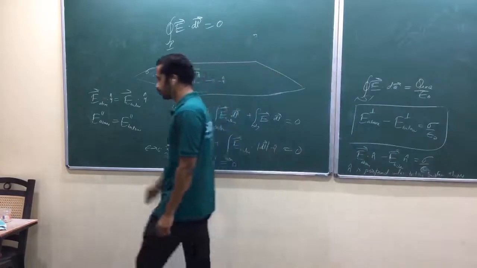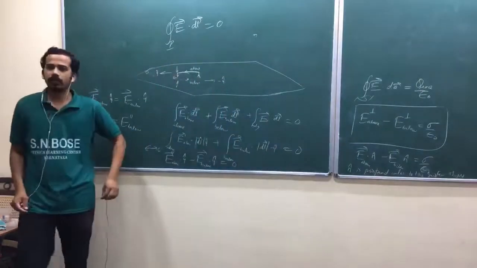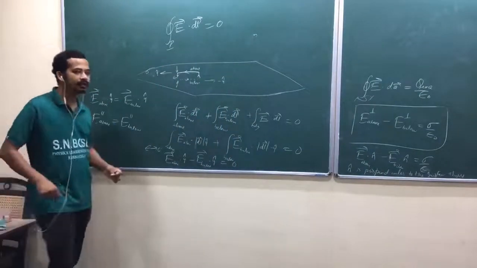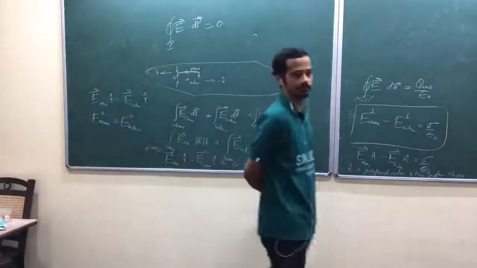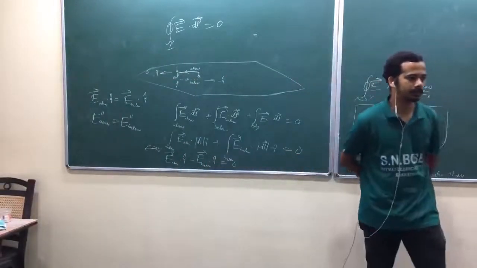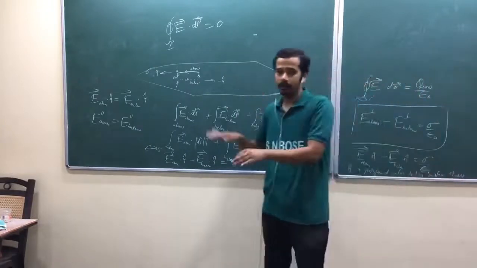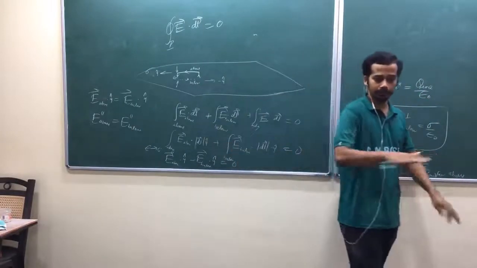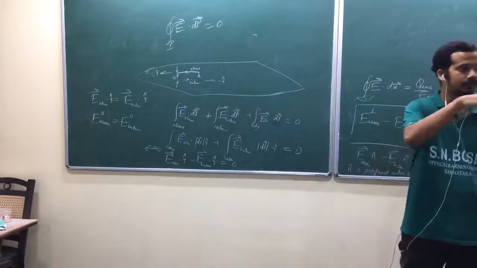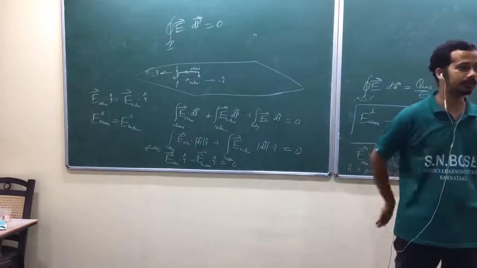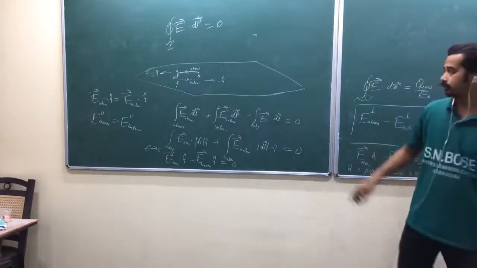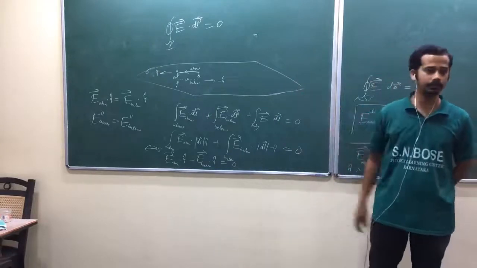Now you have to ask one more question. When we talk about the parallel component, there are infinitely many parallel directions to the plane. If you take a fraction of a plane, the entire thing need not be a plane, but a fraction of that you can imagine as a planar surface, remember. Is that okay? That's where I'm applying the whole story.